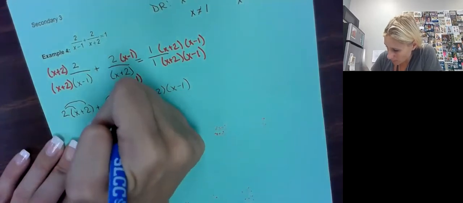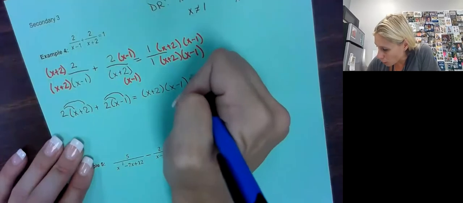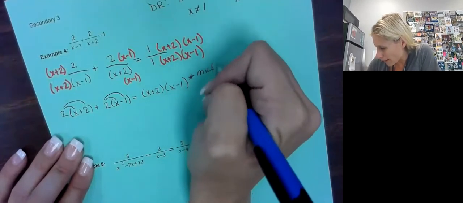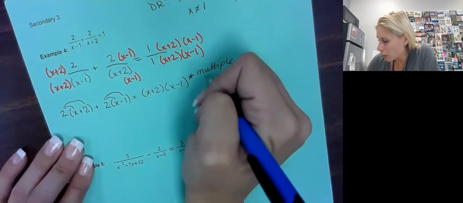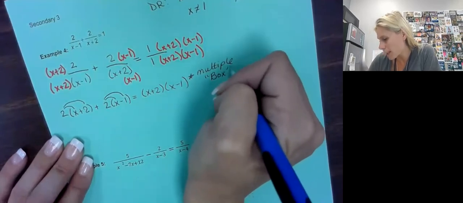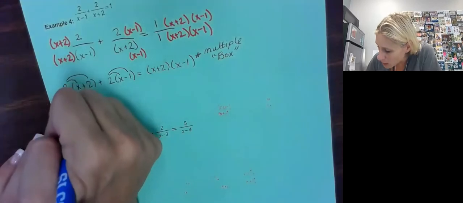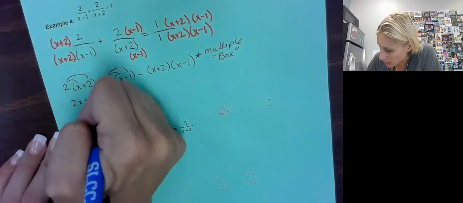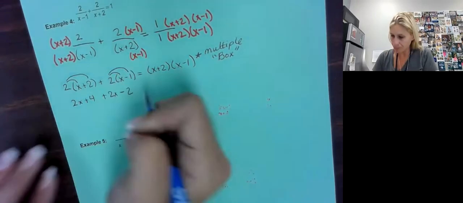But here, guys, just remember to do your box. So multiply. Some of you FOIL. Most of you do the box method. So do your box then. That gives us 2x plus 4 plus 2x minus 2.